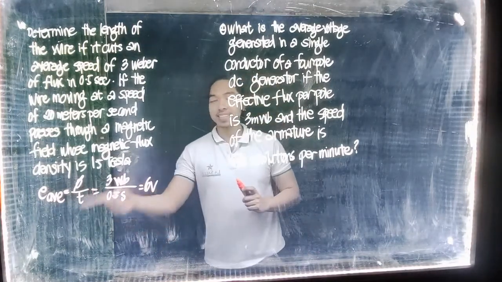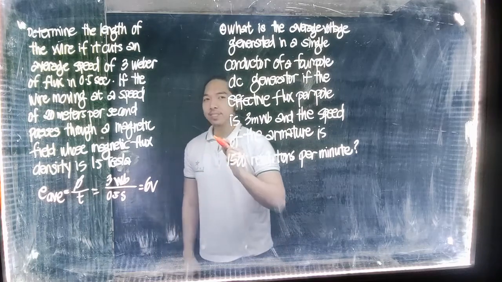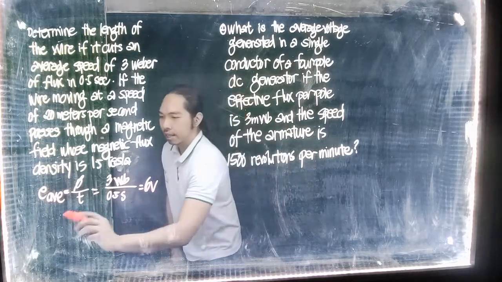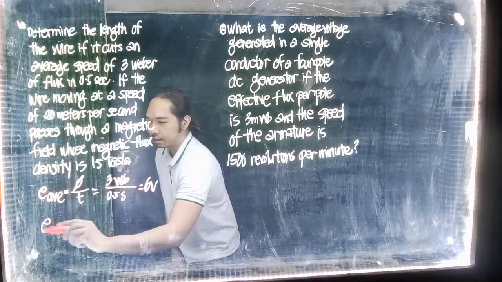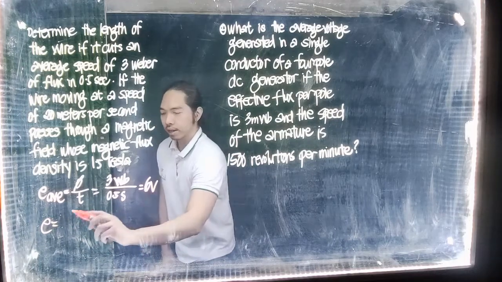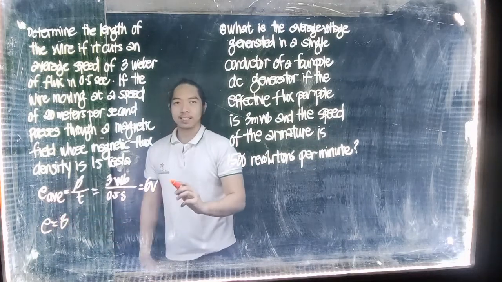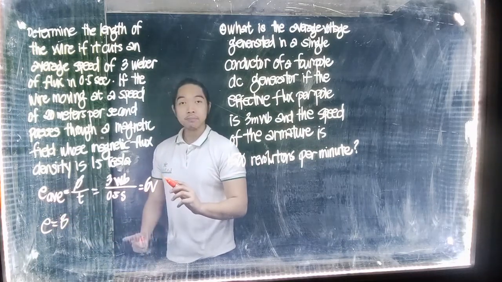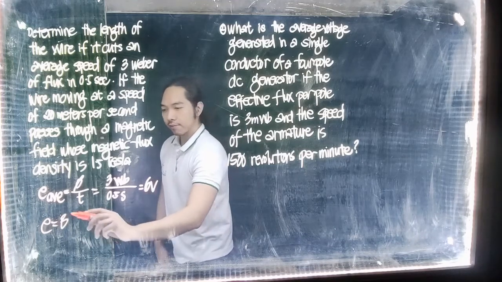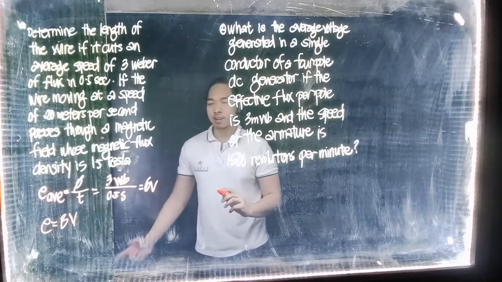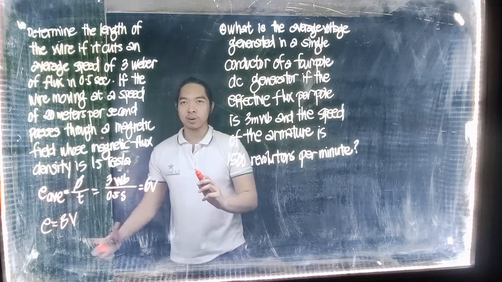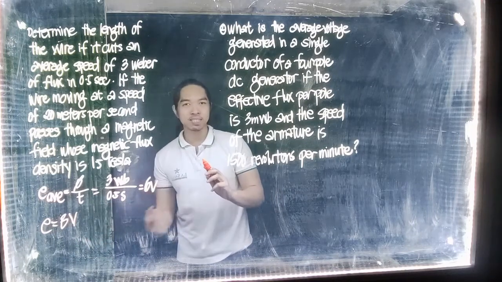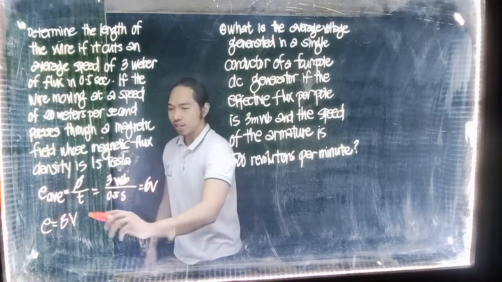Now we've already found the average. We also have this equation, where the electromotive force E is equal to the magnetic field density B, the velocity at which the wire goes in and out, and the length.